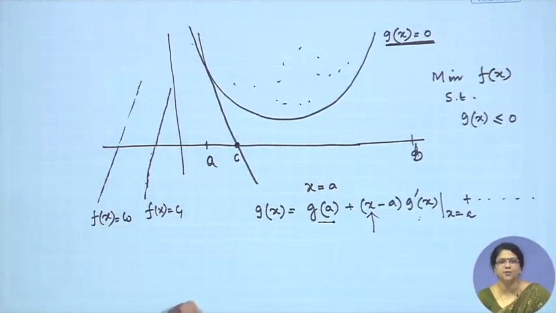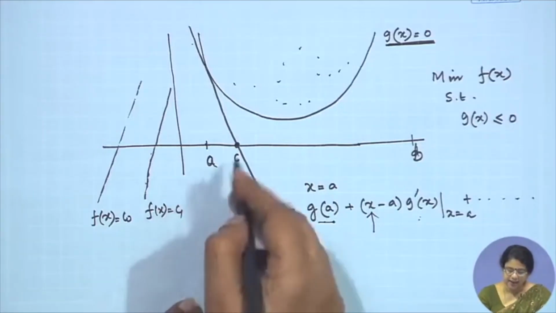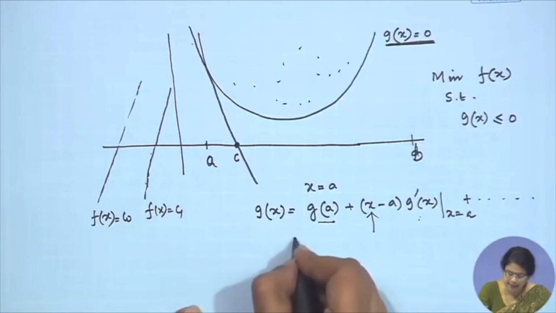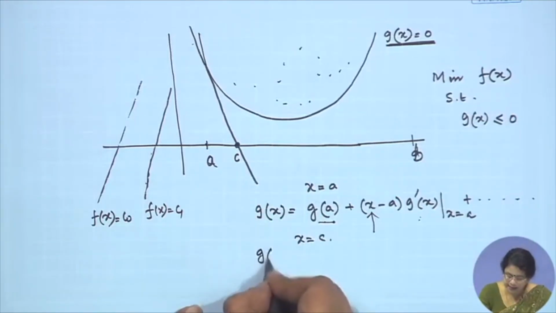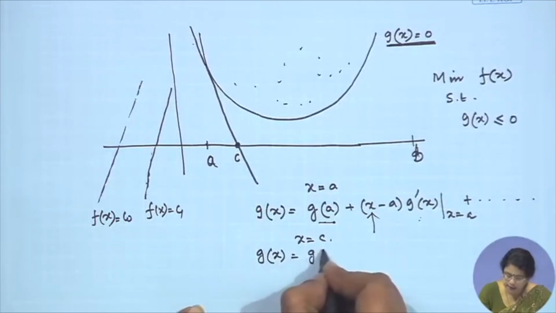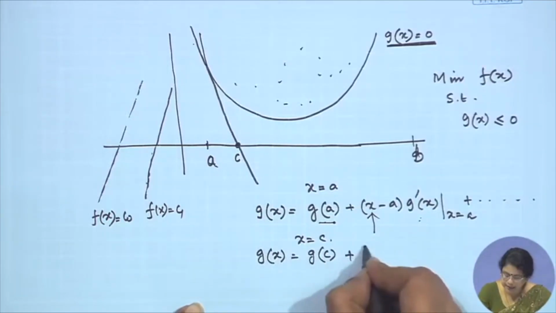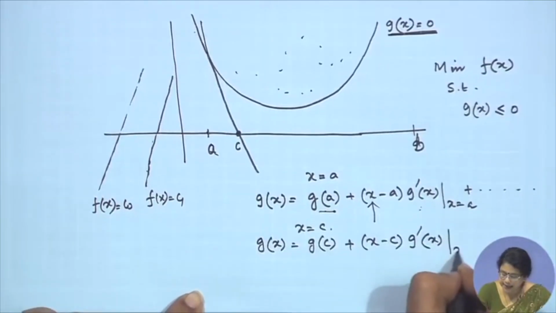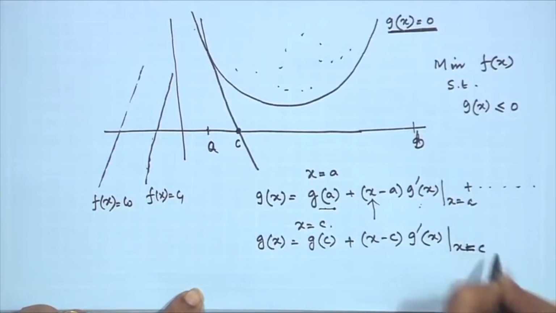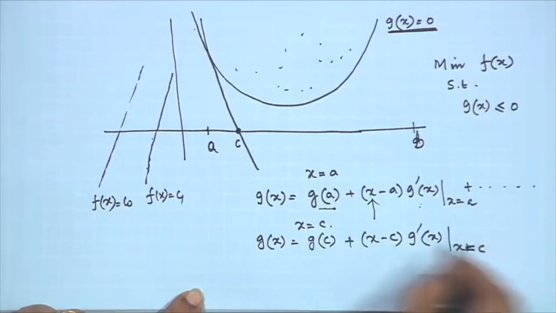Once we get this point at C, again at point C we will expand g x. Then what will we get? g x is equal to g c plus x minus c times g dot x at x equal to c, ignoring all other terms because we want to have the linear function.